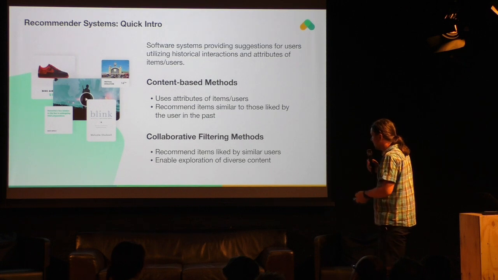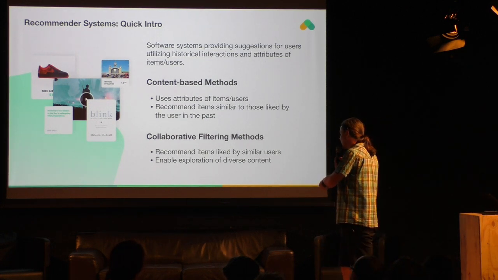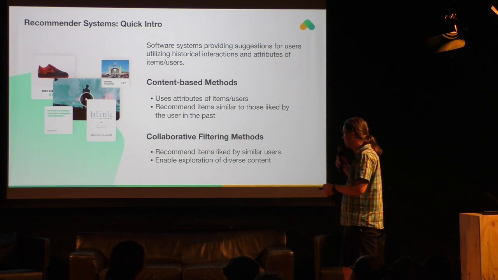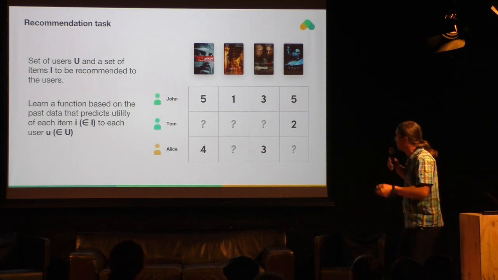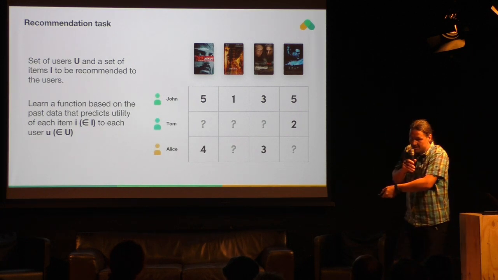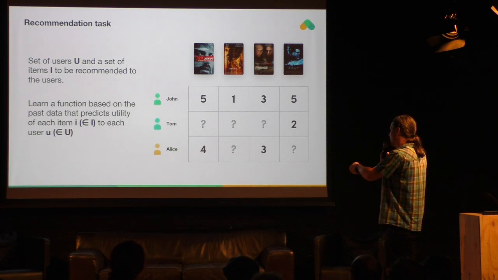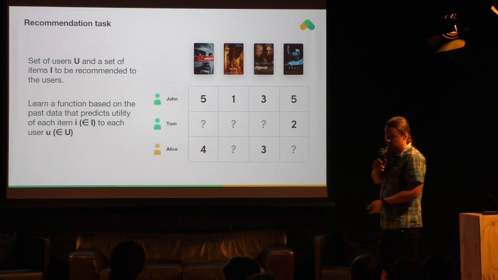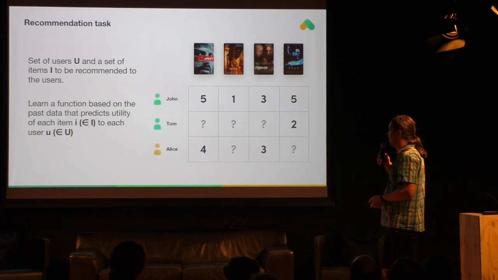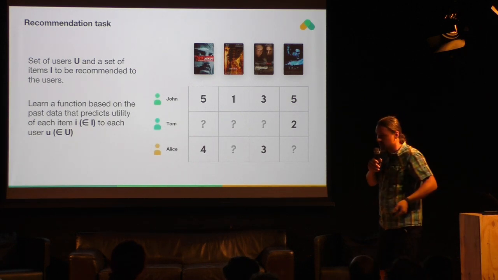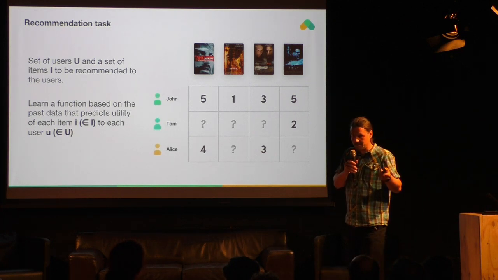And the second type of method, collaborative filtering, is normally more powerful because it can help you to explore. And here's how it works. You have multiple users, and you are trying to recommend some movies, for example here, for Alice. For the recommendations, you use historical data.